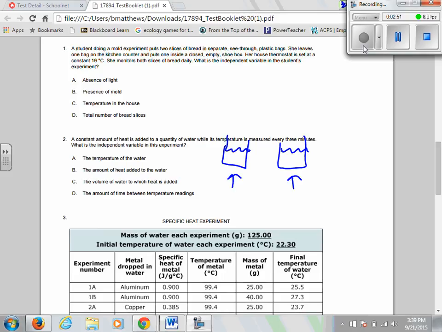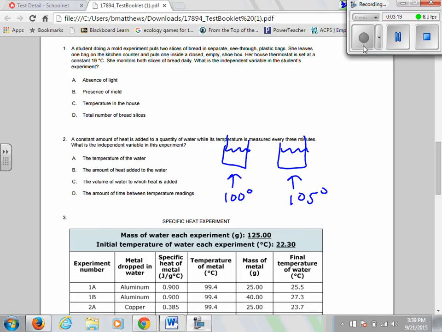What does that mean? A constant amount of heat just means that whatever heat you're adding is going to remain the same throughout. So if I add 100 degrees of heat here and 105 degrees of heat here, it'll always remain 100 degrees throughout the course of the experiment, or it'll always remain 105 degrees throughout the course of the experiment.